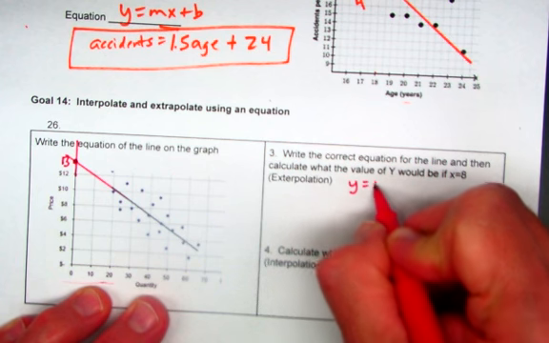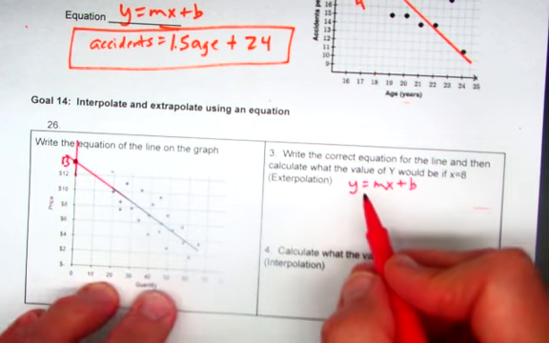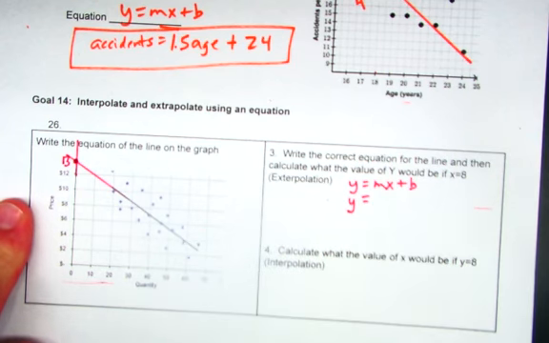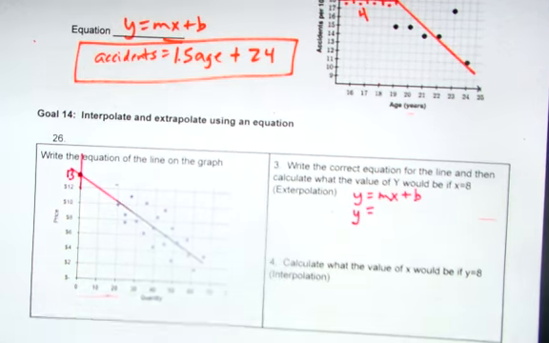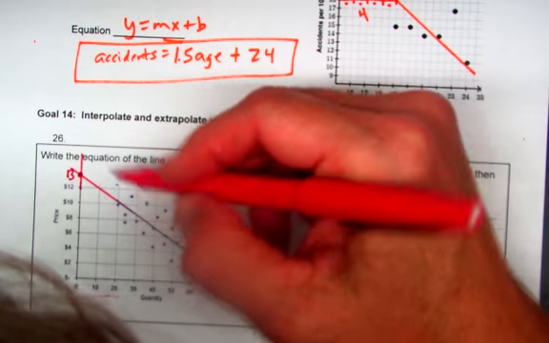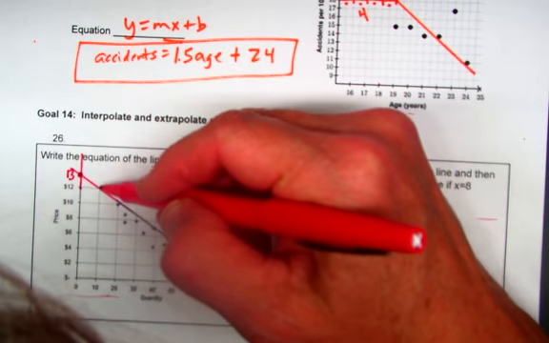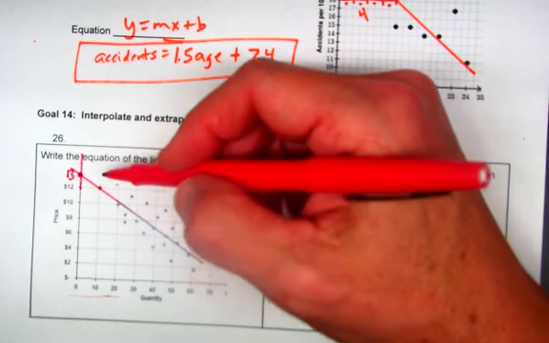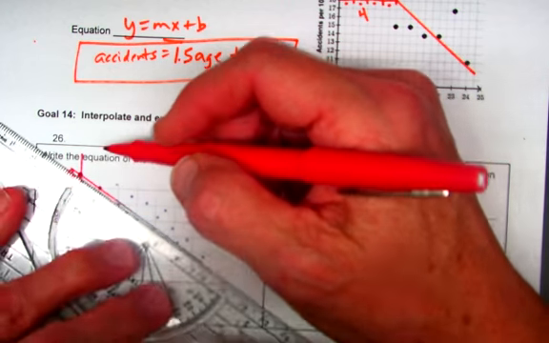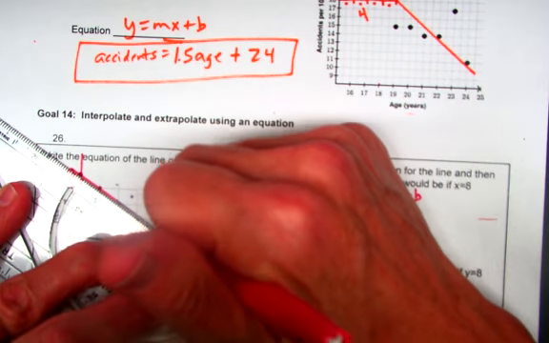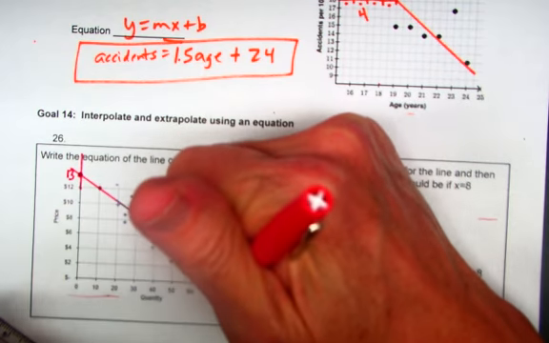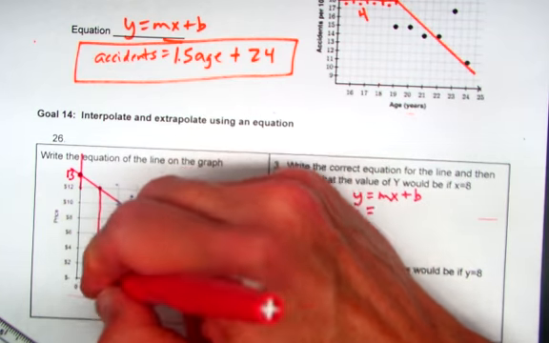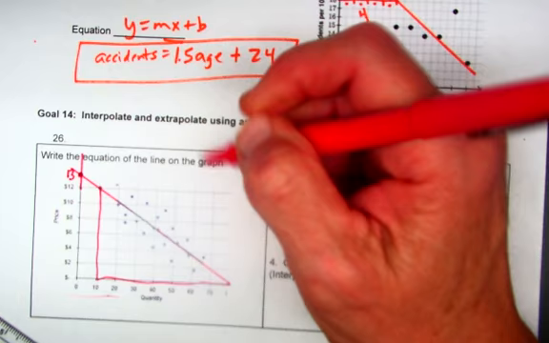So I'm going to write the equation. Remember, y equals mx plus b. I'm just going to leave it as y because they're giving us x and y's. For my slope, this is not a great line, so we're going to have to do a little estimating. It's okay if we're not perfect here. I do like how it runs down here, so I'm going to make my line go all the way down. I'm going to say this is 80.